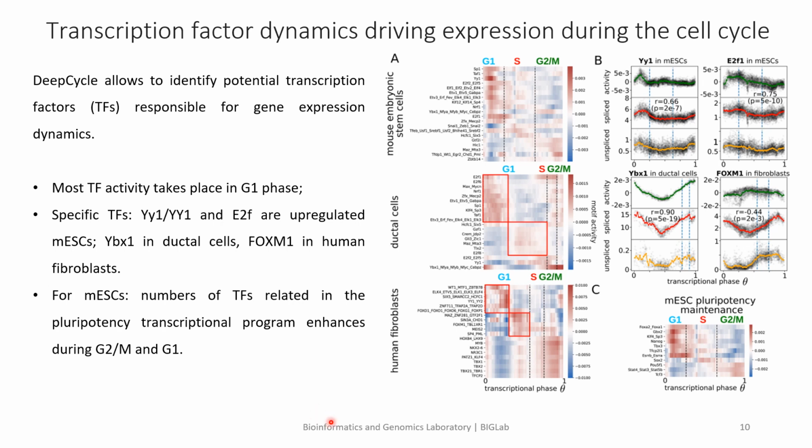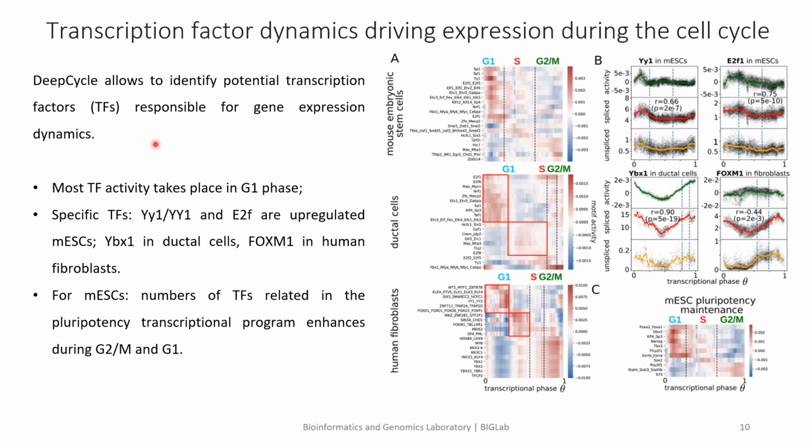And to predict cell cycle core transcription factors, DeepCycle is used with a linear model to infer transcription factor activities from the single cell RNA datasets, and I will call the transcription factors TF for short.